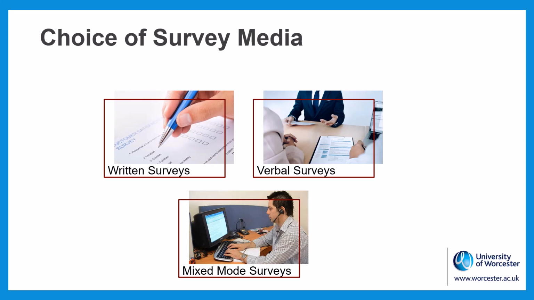There are also minimal interviewer and respondent measurement errors due to the absence of direct contact. Written surveys may be distributed using either postal or electronic mail. In some cases, written surveys are distributed in person to a group of respondents to evaluate a recent event.